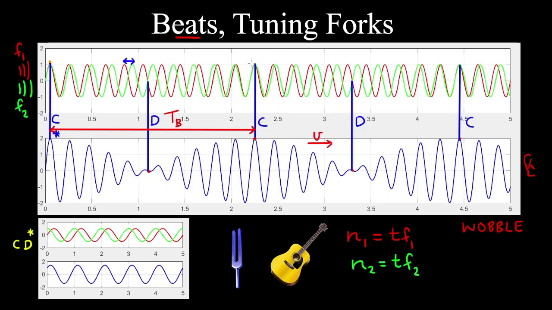And after one beat period has elapsed, we can see that the red wave completed one additional cycle compared to the green wave. So this is true from this point to this point, where you get constructive to constructive interference, and this cycle repeats itself.